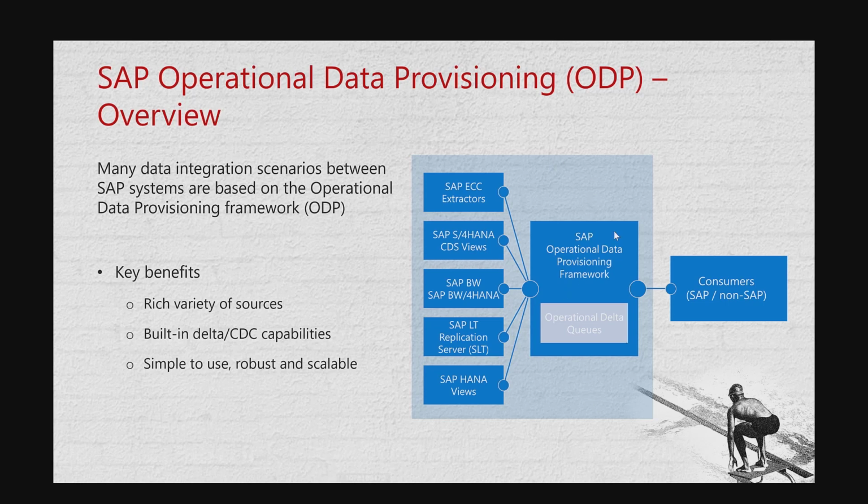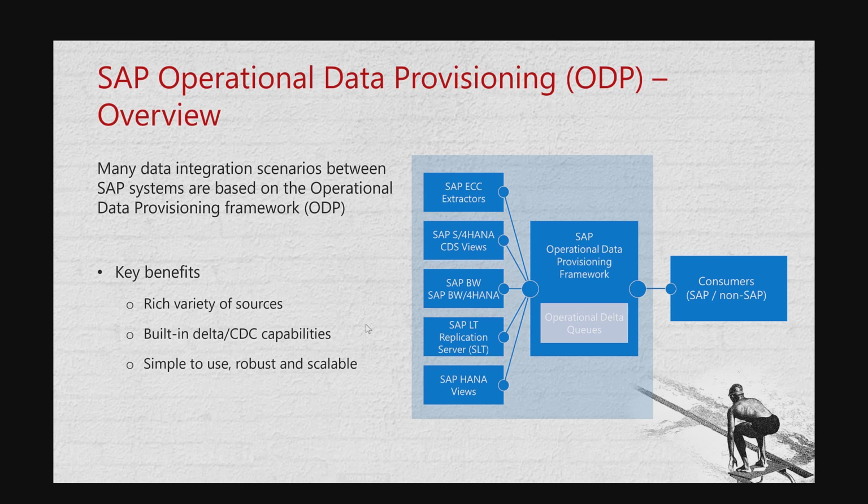And in this context, it will basically feed this data into ODP from where consumers can read it. So that's basically, as opposed to the other objects where we're basically talking on a higher, more logical level, this is an integration on table level, which is very attractive as well. So this variety of sources which you see here is one of the huge benefits of this new connector, and the fact that we can also consume the ODP framework.